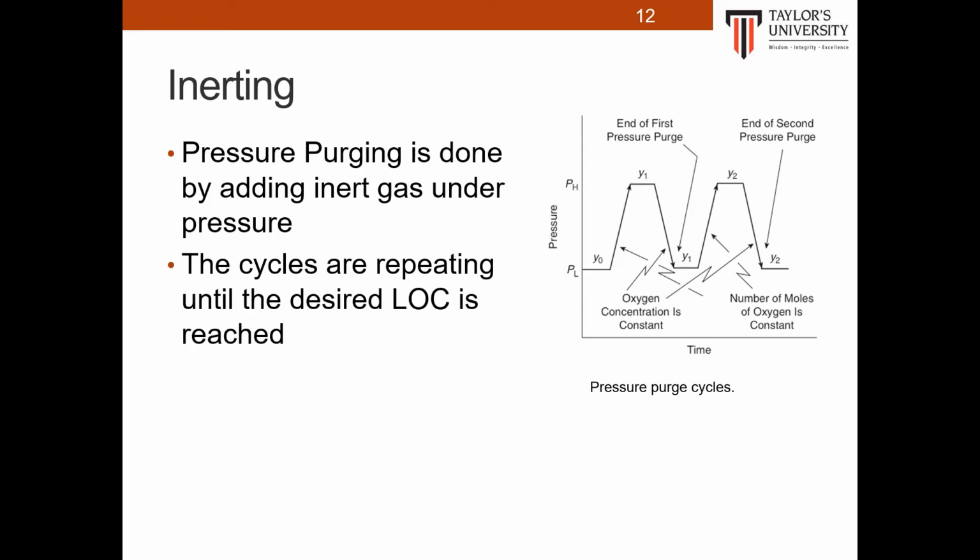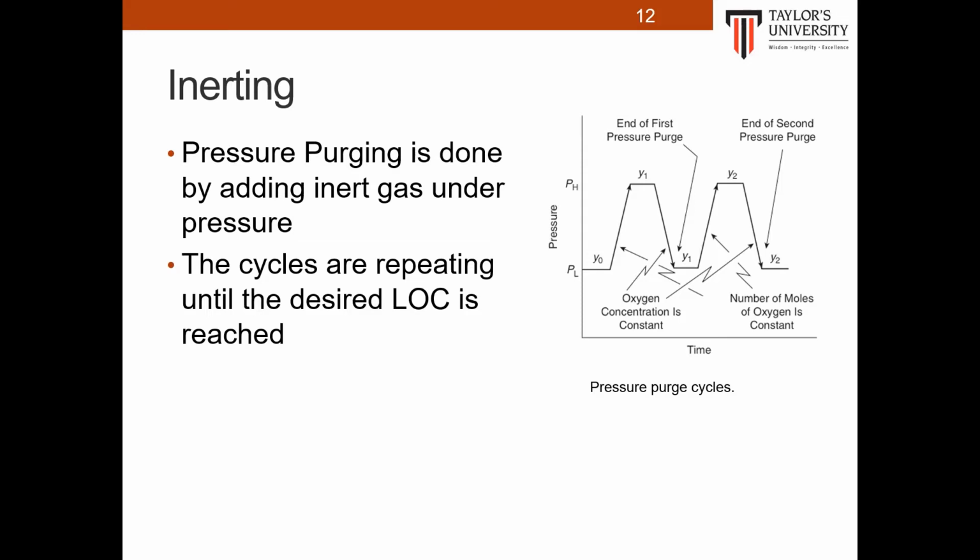Another way to do this is that vessels can also be pressure purged by adding inert gas under pressure. After this added gas has diffused through the vessel, it is then vented to the atmosphere, usually down to atmospheric pressure. And more than one pressure cycle is needed to reduce the oxidant content to the desired concentration.